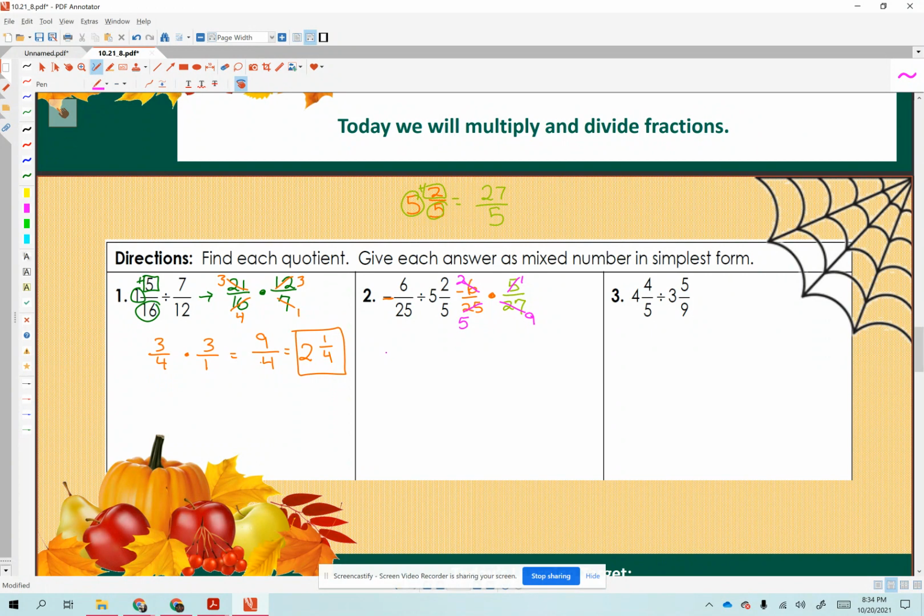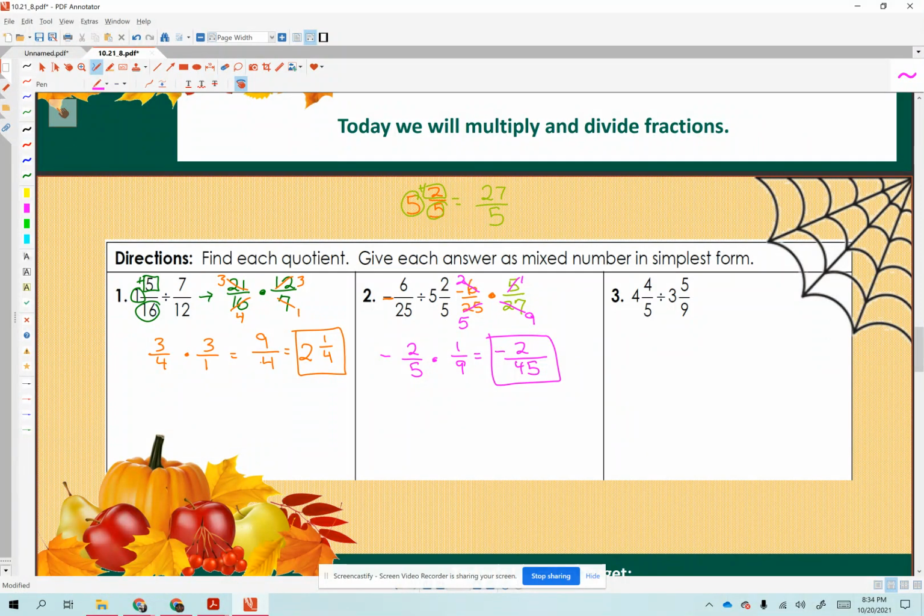So we can rewrite this fraction as negative 2/5 times 1/9. And when we multiply across, negative times a positive would be negative 2 over 45. And that's our final answer. We cannot simplify that anymore.